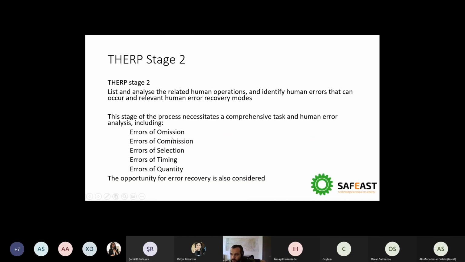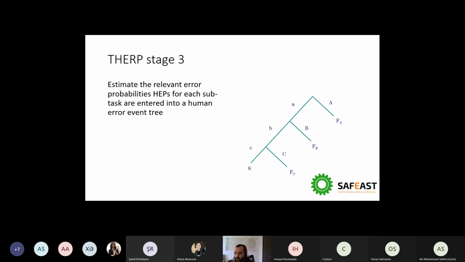So how do we quantify them? In stage 2, we list and analyze all the human operations and identify human errors, and based on this, we proceed with error of omission, error of commission, error of selection, error of timing, etc. So this is an example.